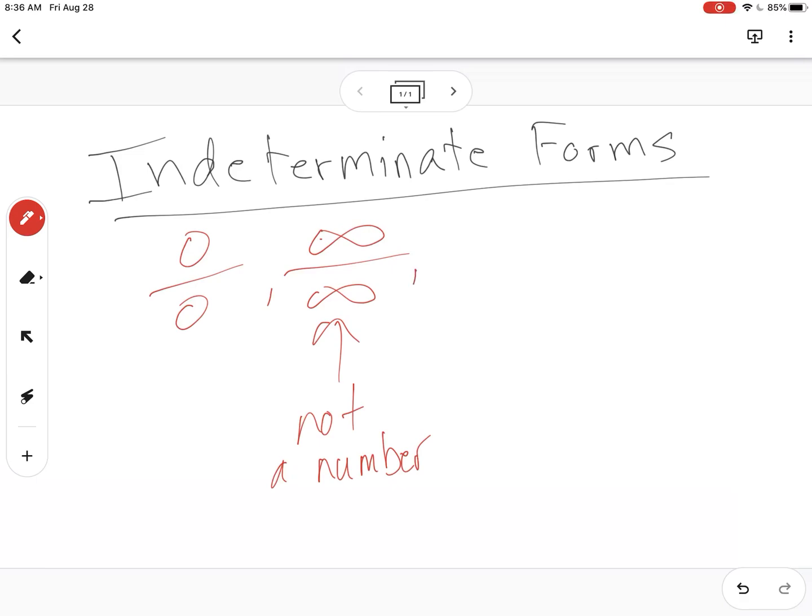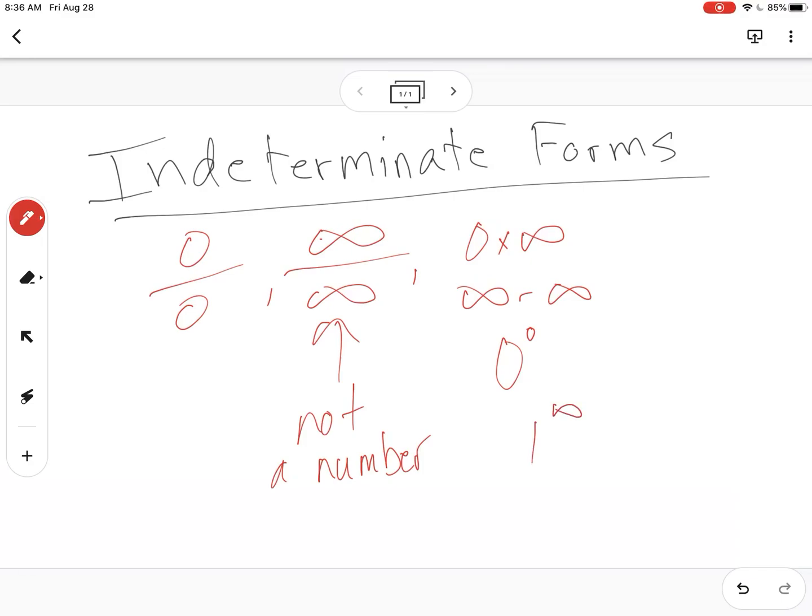And speaking of not being able to perform normal operations with infinity, other indeterminate forms that we'll see sometimes are 0 times infinity or infinity minus infinity. Even 0 to the 0 is still an indeterminate form because 0 to any power is 0, and anything to the 0 power is 1, so we're in a bit of a contradiction area there.